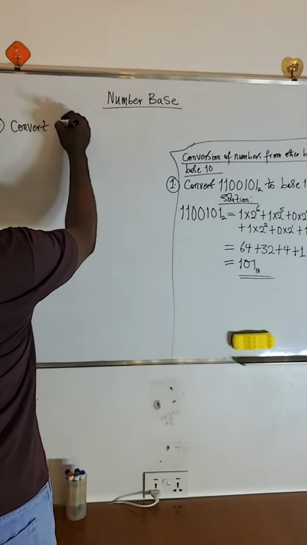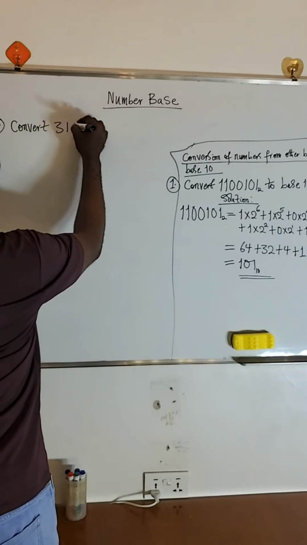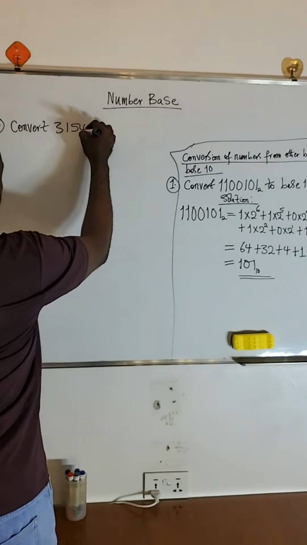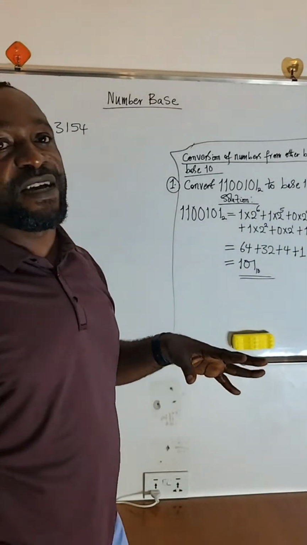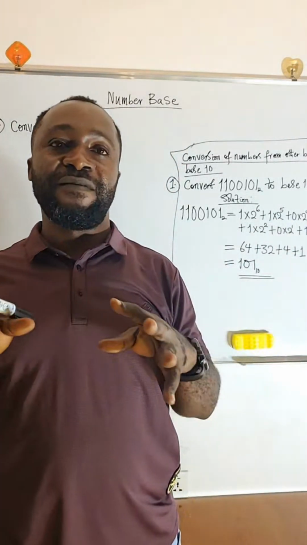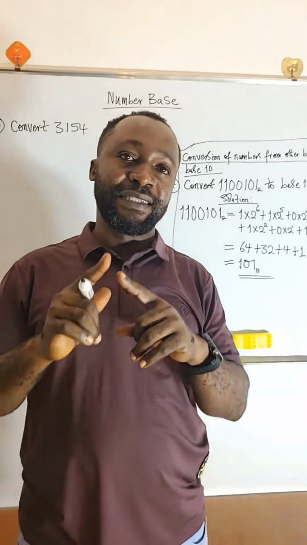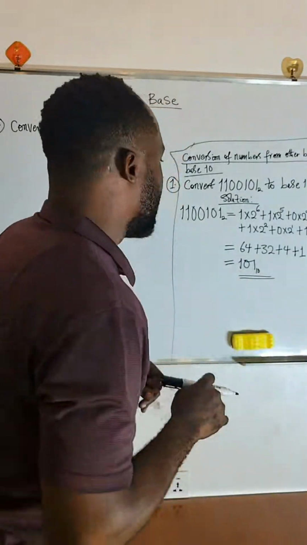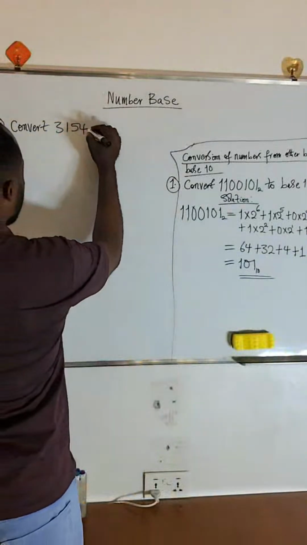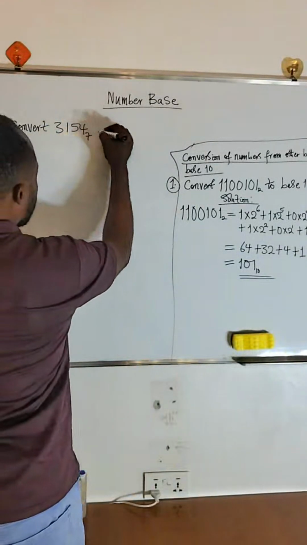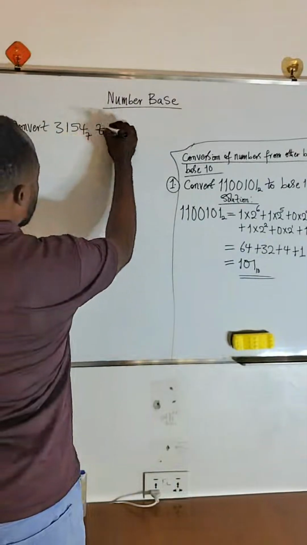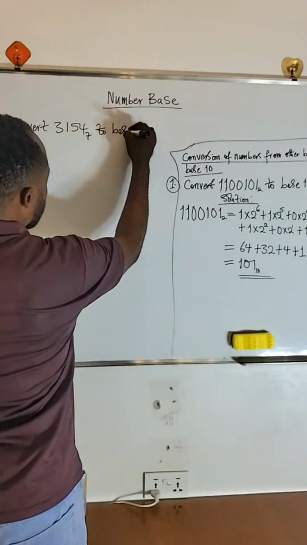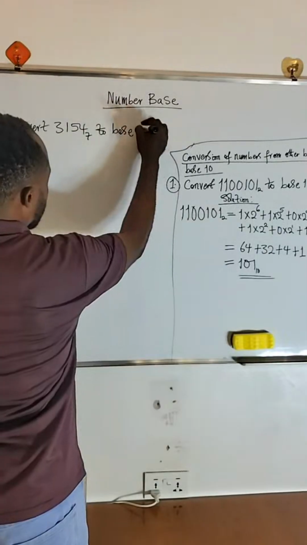Let's convert 3154 in base 7 to base 10.